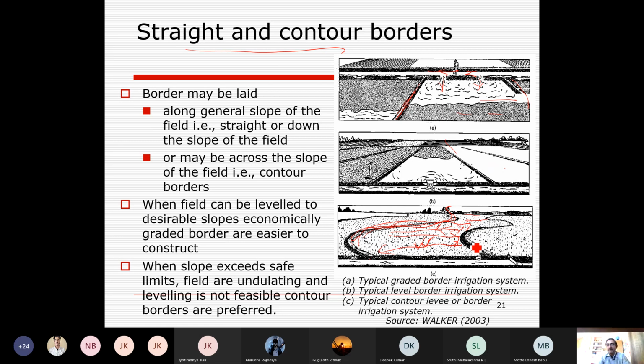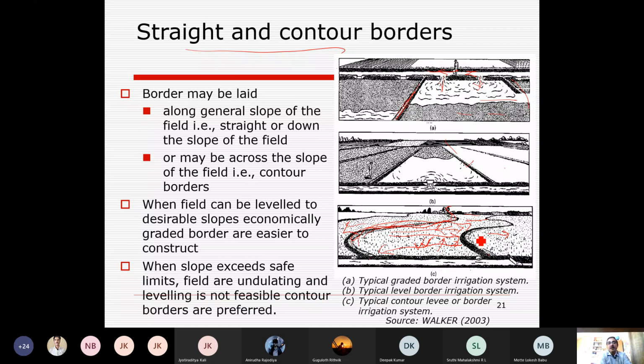Or let us take the example of wheat as well. When we are supplying water to irrigate the wheat crop, it is usually straight. Or in some places where it has a cross slope, we can apply water in contour ridges. Within the ridges are contour borders.